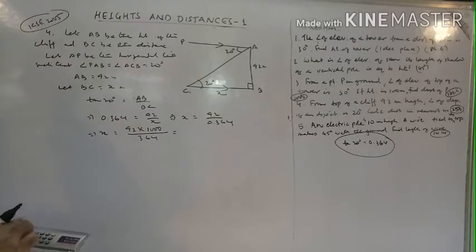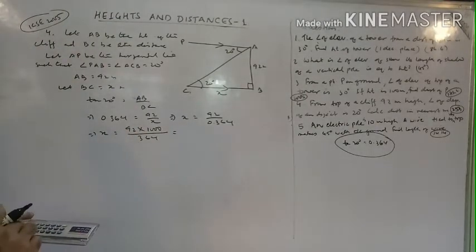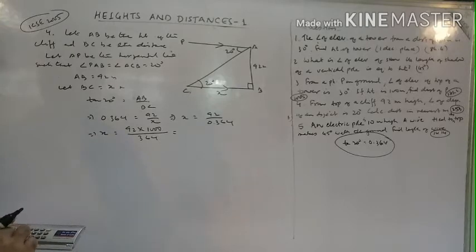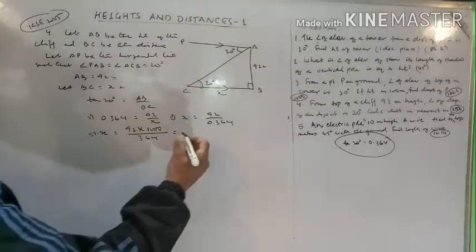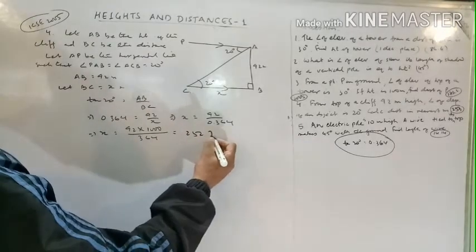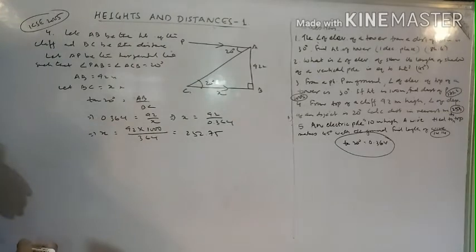But you are not allowed to use a calculator, so you have to actually cancel and then multiply and divide. 92,000 divided by 364 equals 252.75. That's the value of x.